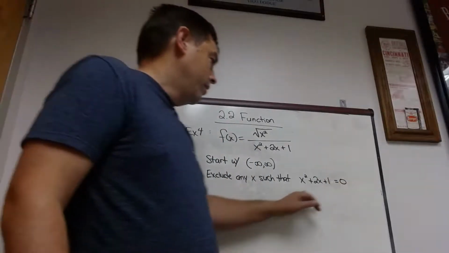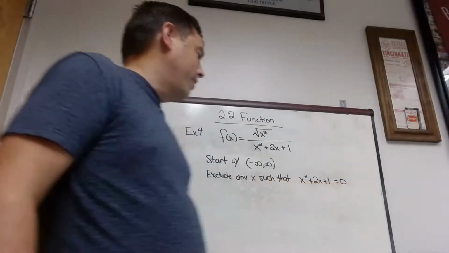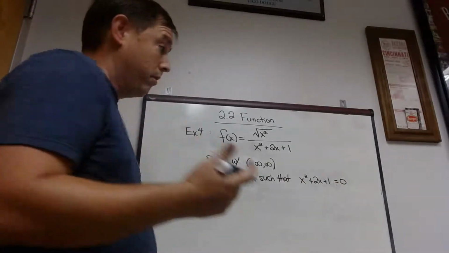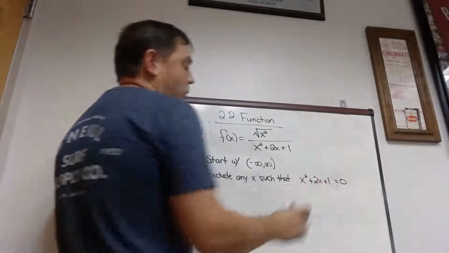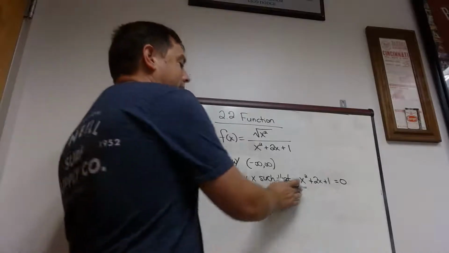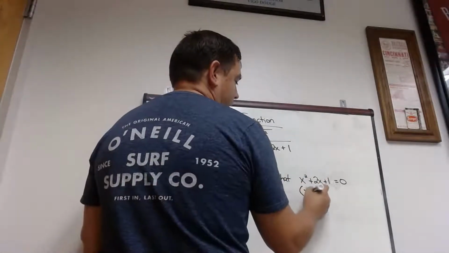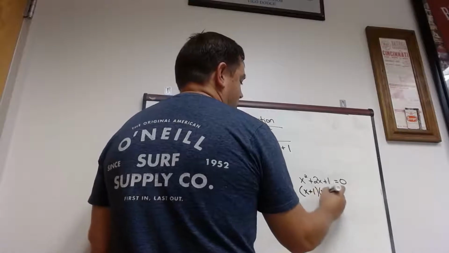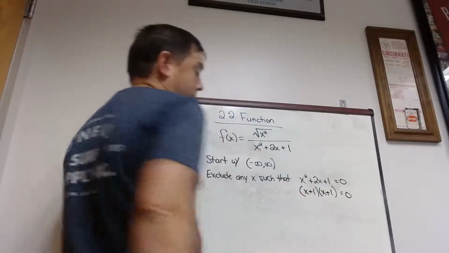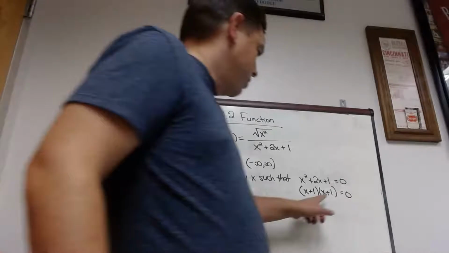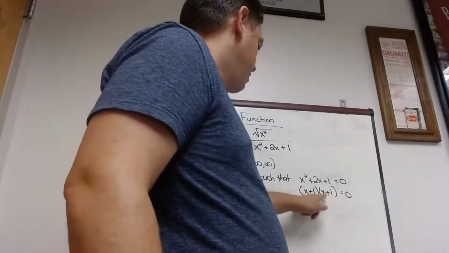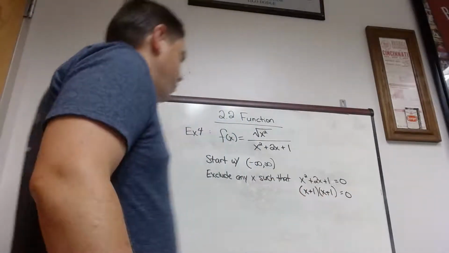All right. Is there any value of x that could make that 0? Well, let's use the quadratic formula, or let's see if we can factor that nicely. And we find out that x squared plus 2x plus 1 should factor into x plus 1 times x plus 1. I hope. X squared, 1, x plus x gives me 2x. That would be right.